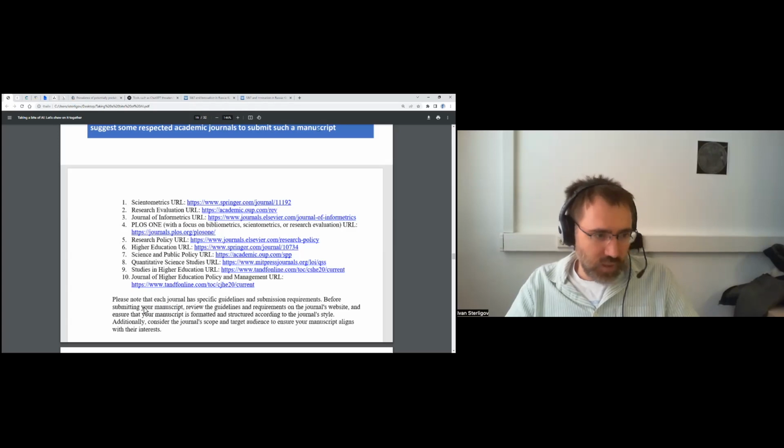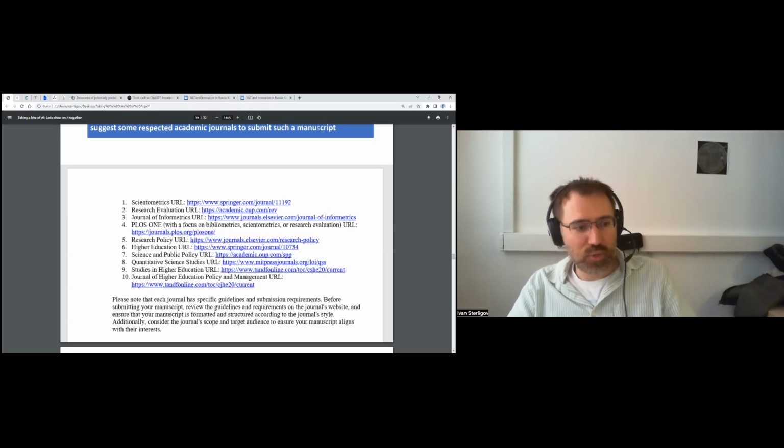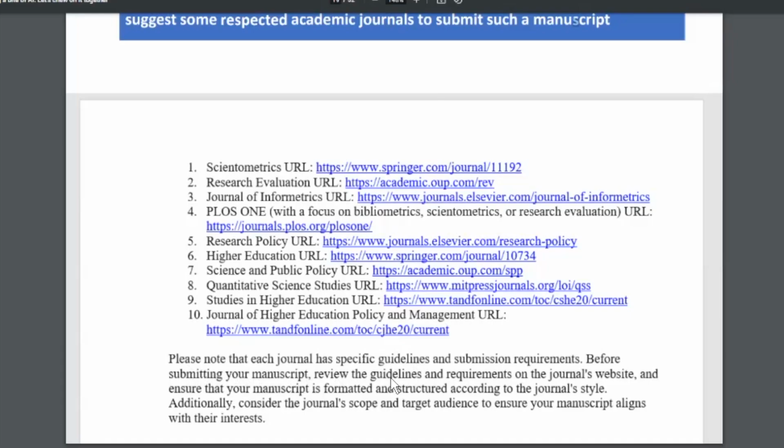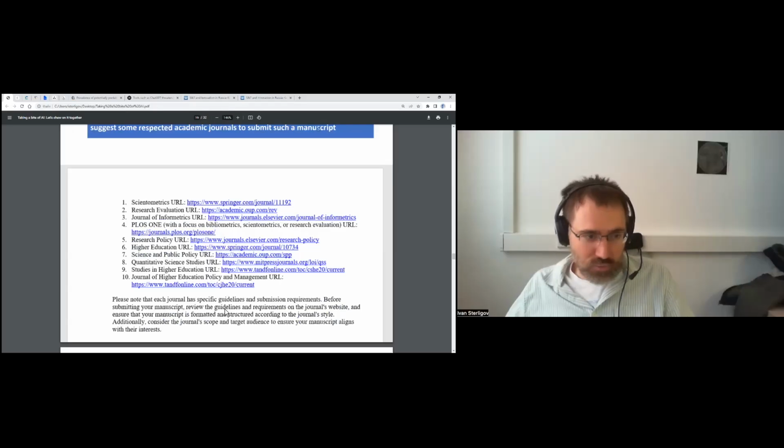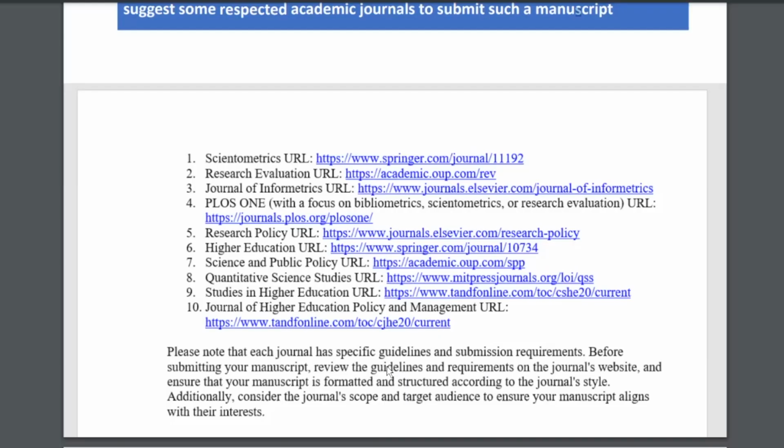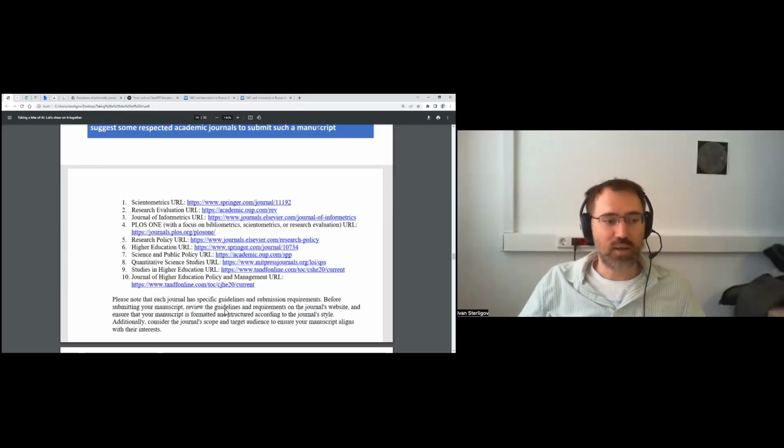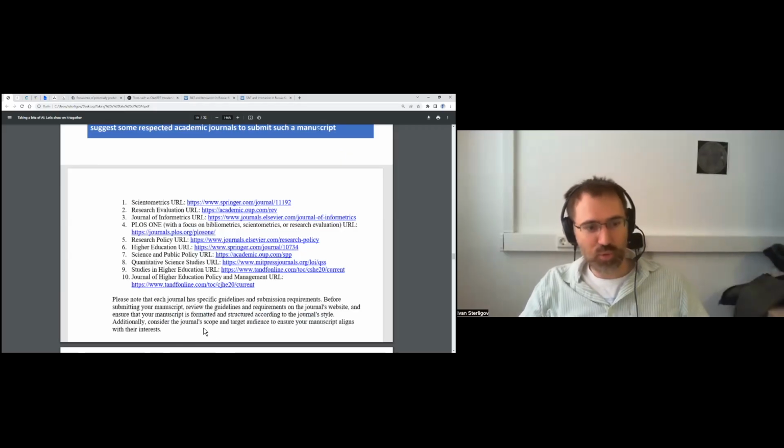And some concluding remarks from ChatGPT: again, it acts like a mentor and reminds you that there are different guidelines and requirements for each of these journals. Please review these guidelines and requirements and so on. Also consider the scope and target audience.